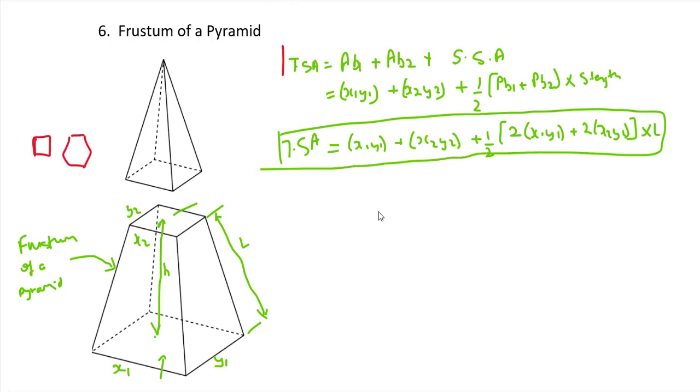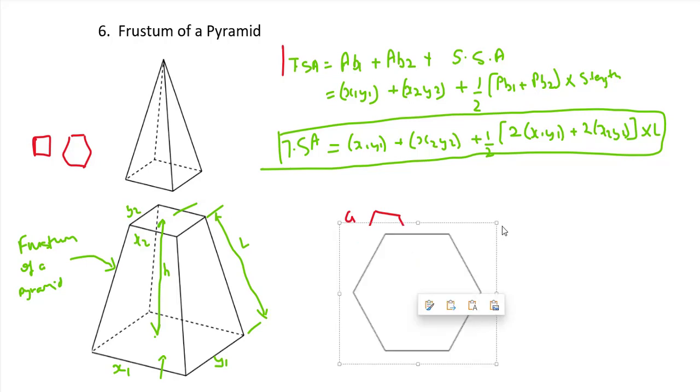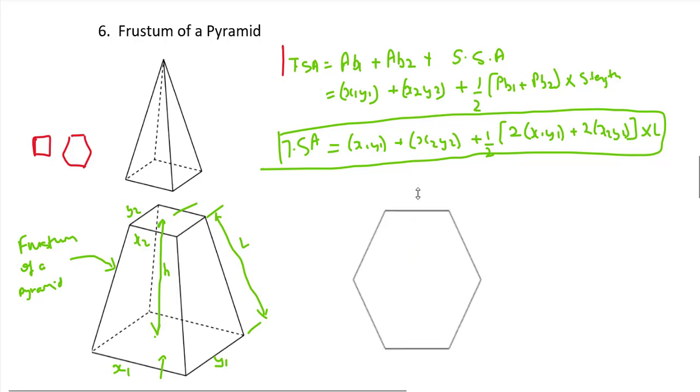Let me give you some tips on how to find the area of a hexagon. If it is a regular hexagon of side A, let's say side A, and let us join all the vertices.